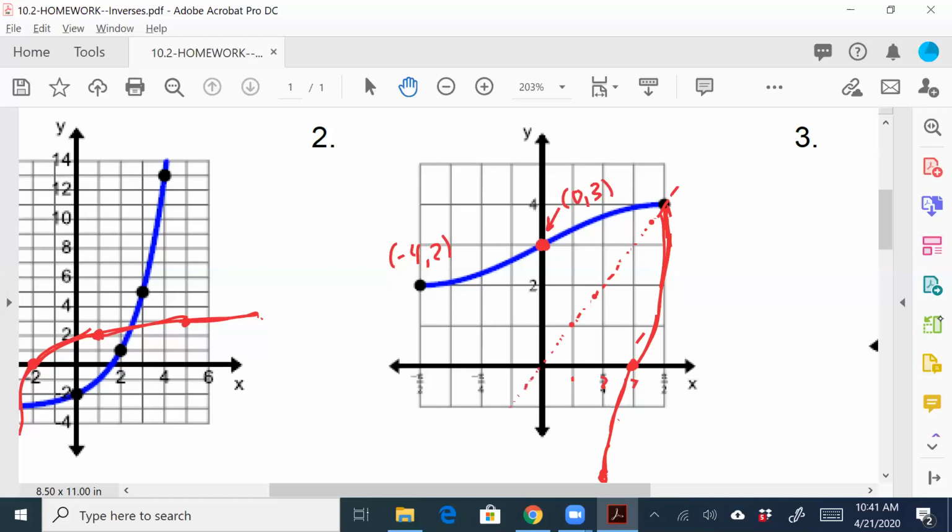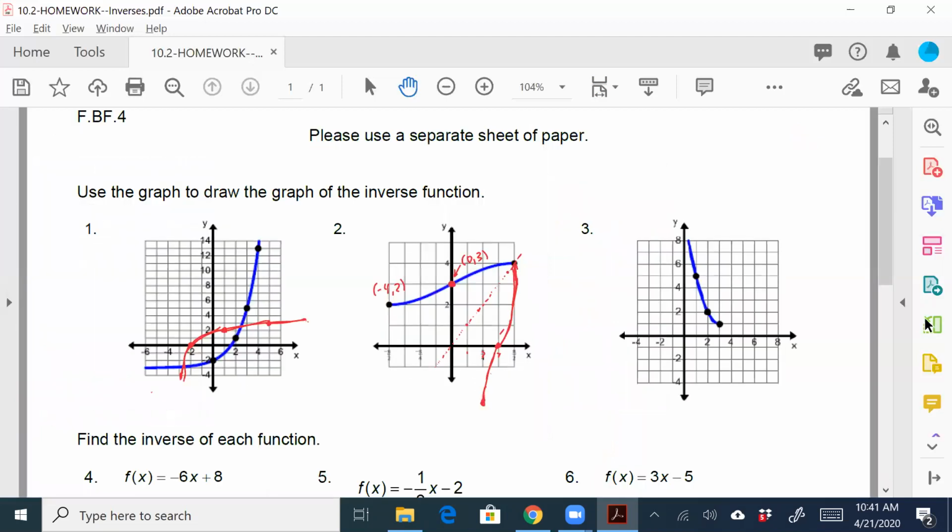And when you've graphed a function and its inverse, it should appear to be a reflection in that line y equals x. Okay.